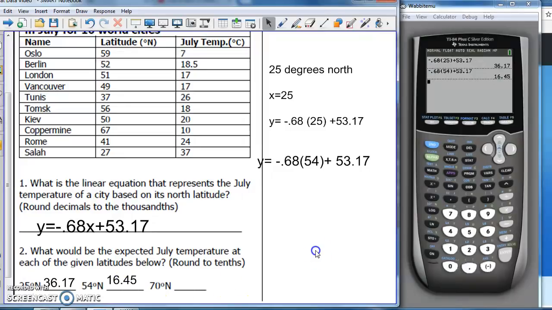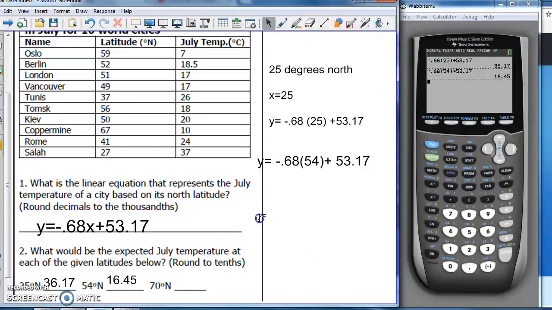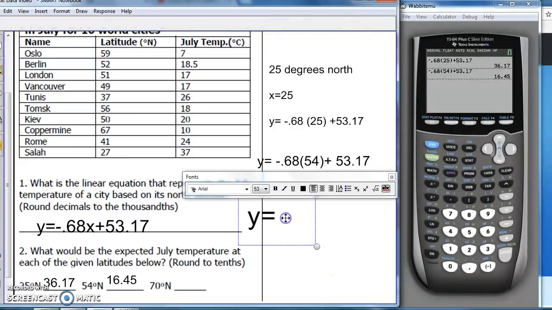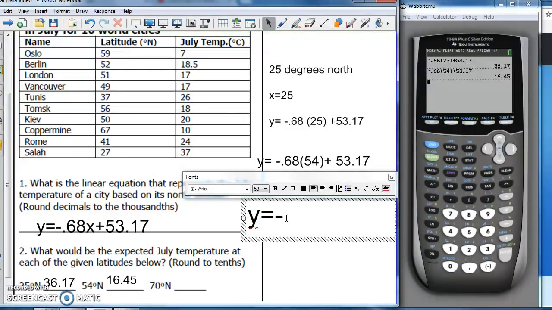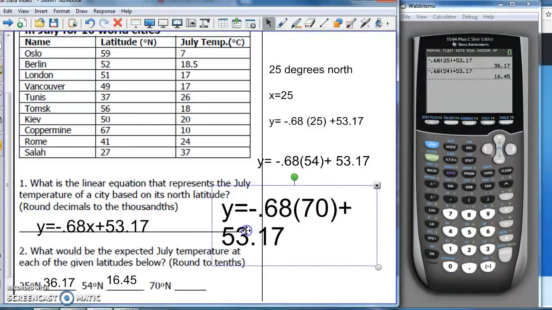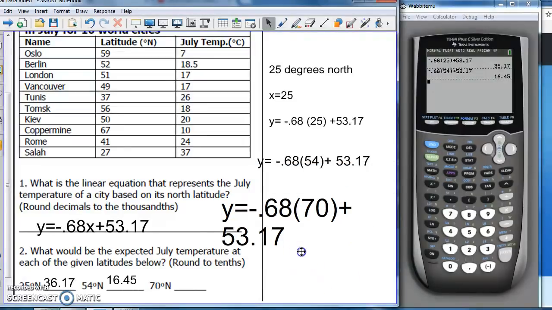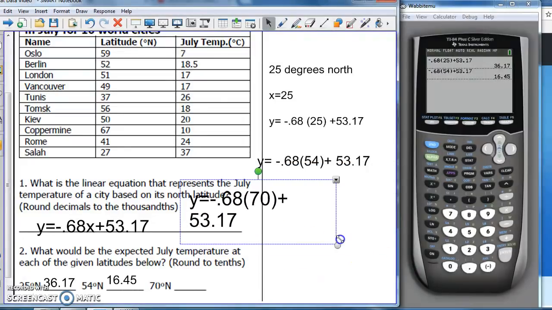And for 70, I'm going to do the same thing. So I'm going to say y equals negative 0.68 times 70 plus 53.17. Again, I'm using this equation that I found in the first one because that equation helps me predict what the expected temperature would be.